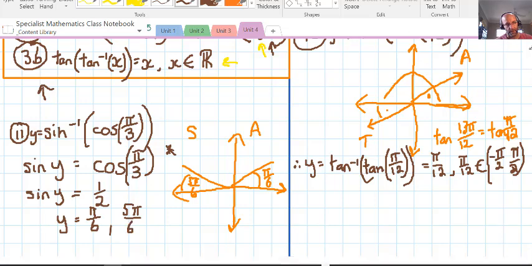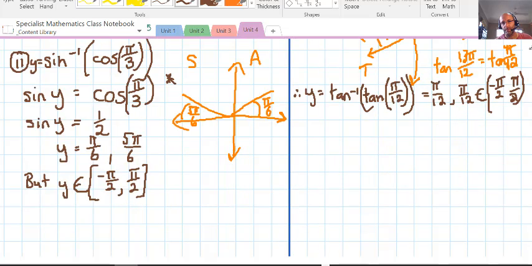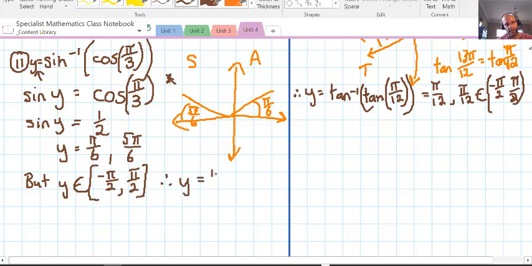Let's check that, but we need to look at the restriction on the elements of the range for inverse sine, which are the elements of the domain for sine x, restricted to negative pi on 2 and pi on 2 from previous work, so therefore the solution is y equals pi on 6, so all of that equals pi on 6.